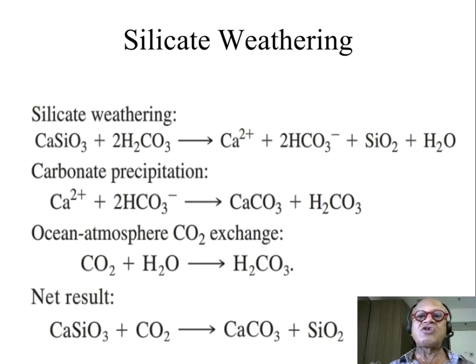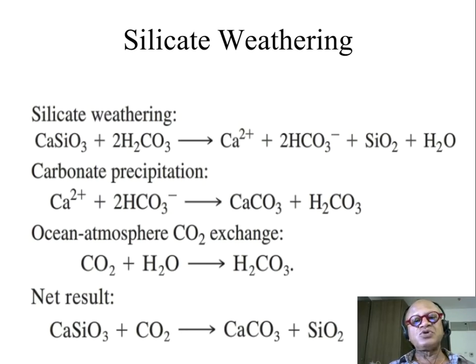Whereas silicate weathering, as we saw, is taking 2 moles of, I'm saying molecules, moles, you know what I mean, carbonic acid, producing calcium ions, 2 bicarbonate ions, plus silica, plus H2O. And carbonate precipitation out of that is going to really release 1 CO2 as H2CO3.